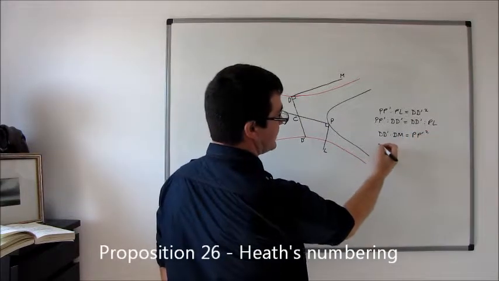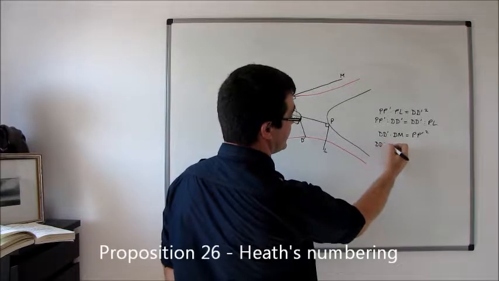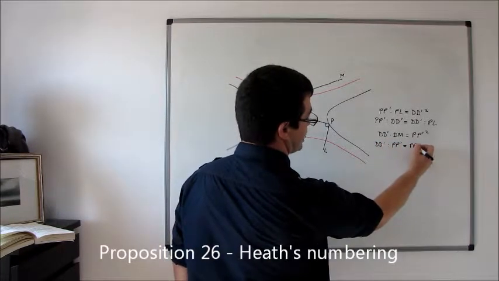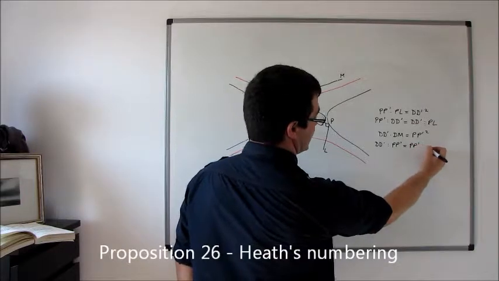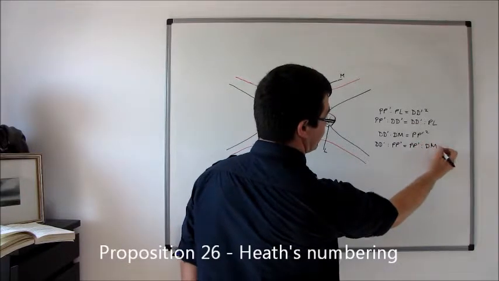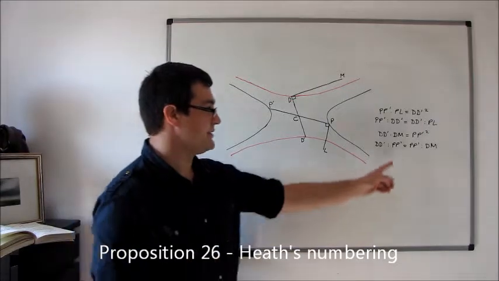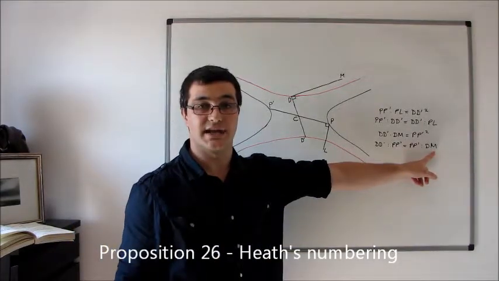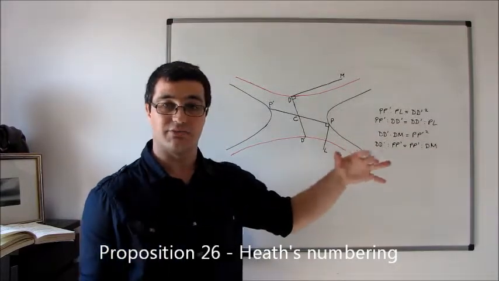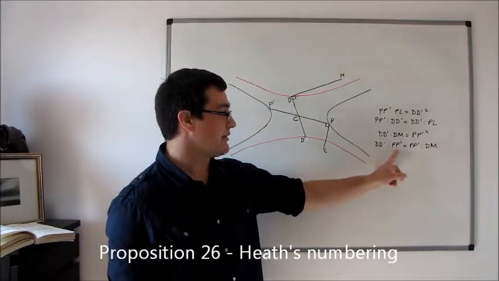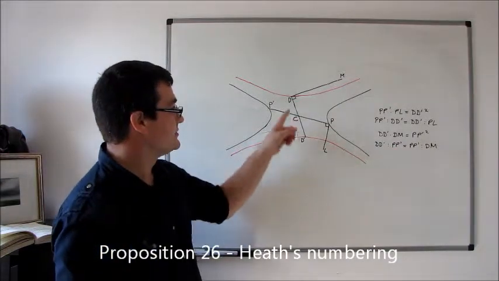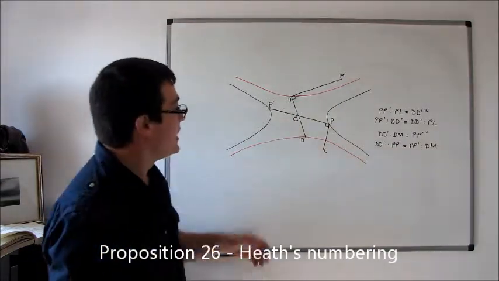So in a similar way we can say that DD' is to PP' as PP' is to DM. So guaranteeing that PP' is going to be a mean proportional between DD' and DM, and therefore, if we can find the right hyperbola, that will guarantee that PP' is going to be a secondary diameter to DD'. And we can do this now.